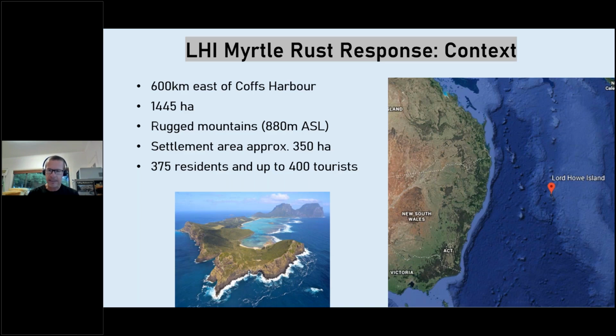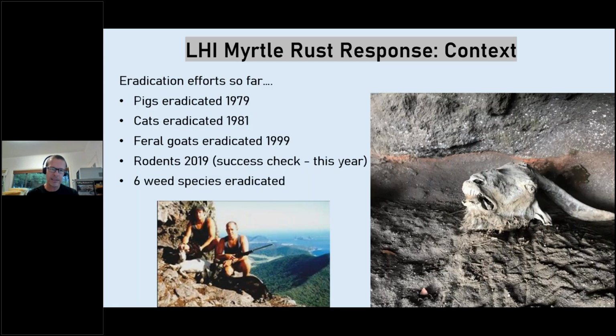So another bit of context that I think is really important to mention is there's a real history of eradication work on Lord Howe. So pigs were eradicated in '79, cats in '81, feral goats in '99. The largest and most complex eradication on the island was the rodent eradication, which occurred in 2019, and it's actually due for its success check in a few months' time.